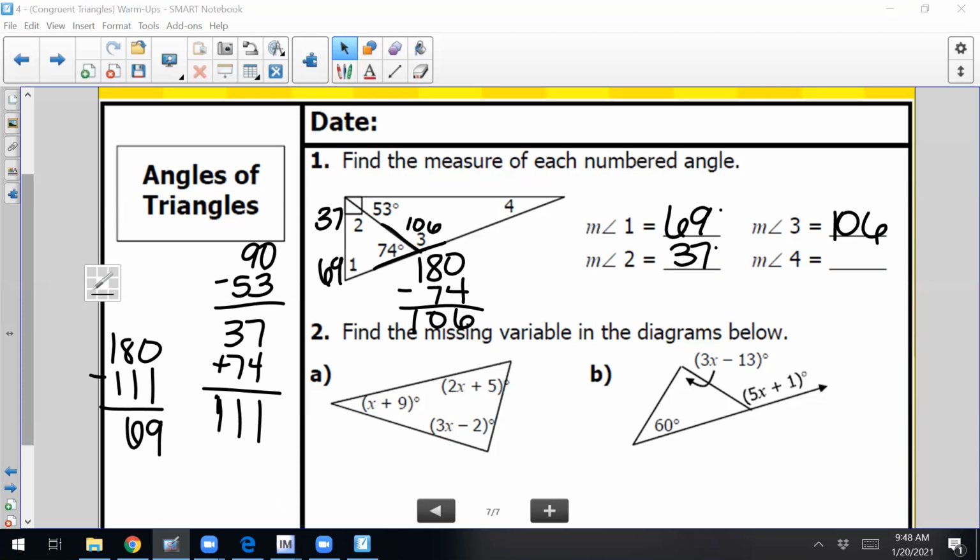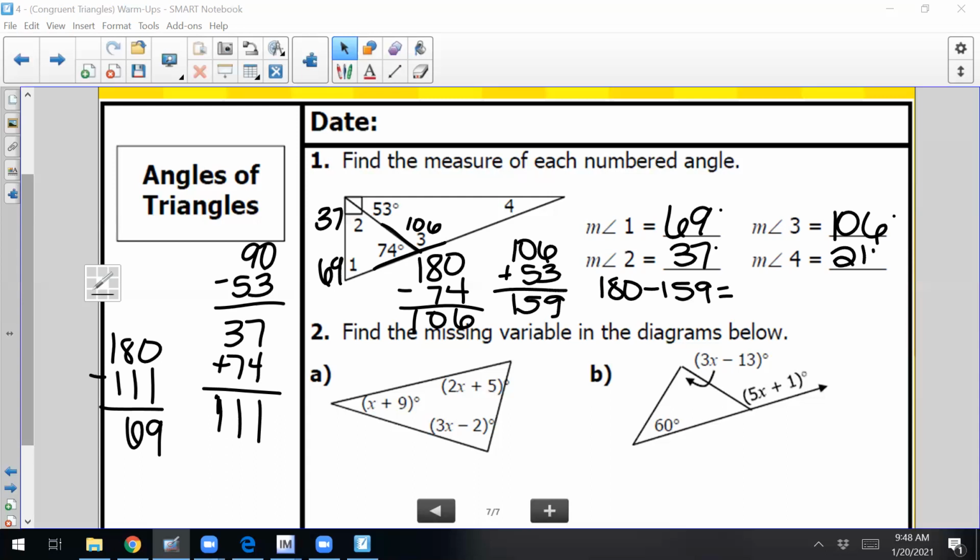You could have also done the big triangle 90, 69 and gotten the answer. So there's a couple of different ways to get that one. But what's 106 plus 53? 159, and then you take that away from 180. What's 180 minus 159? So that is going to be your answer. Questions on those?